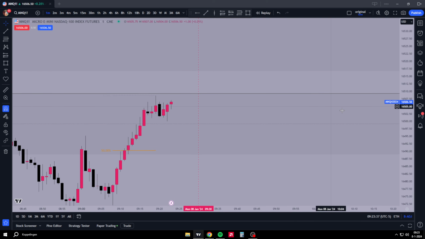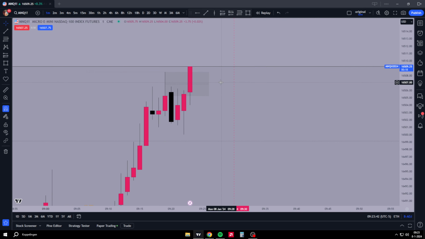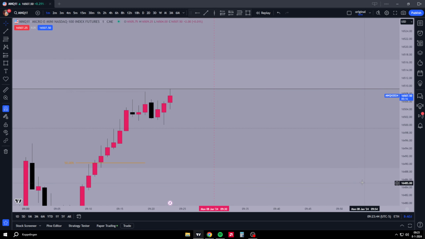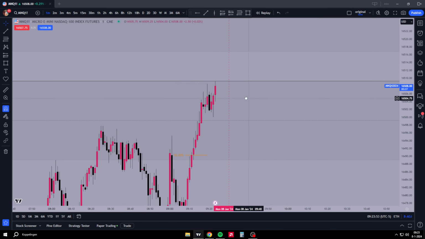Alright, and this wick is gonna decide if we take the high or not. Alright, so we're gonna take the high up. Yes, we're not even close to that high, so I don't think we're there yet. I don't think so.